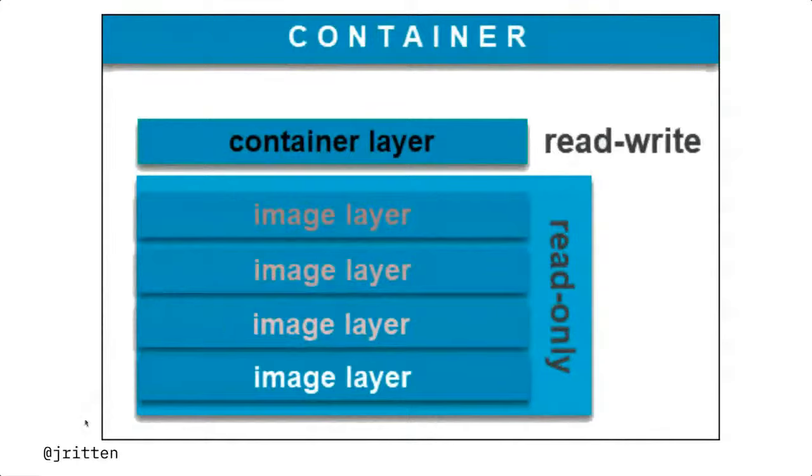So every time we make changes or deploy a new version of our application, we have different layers here. And our most recent, our current container image, when executed, is going to become the container of our application that we're running.